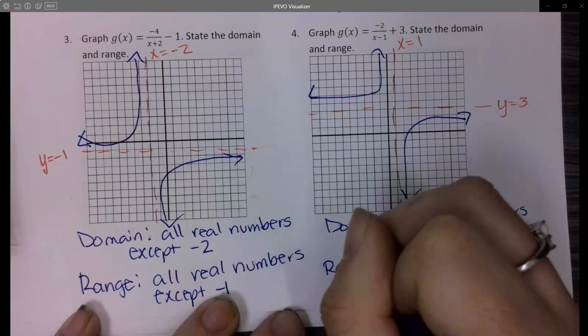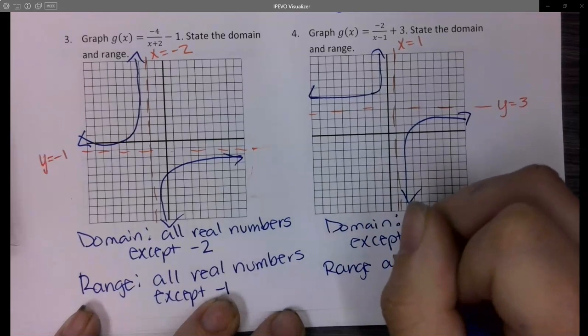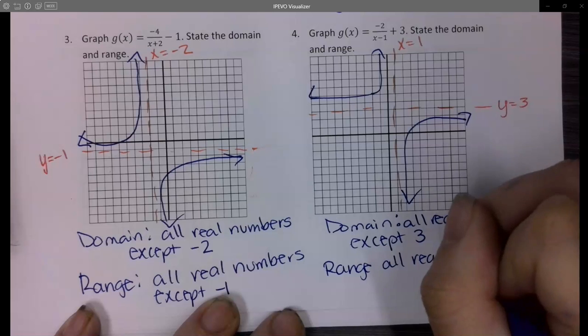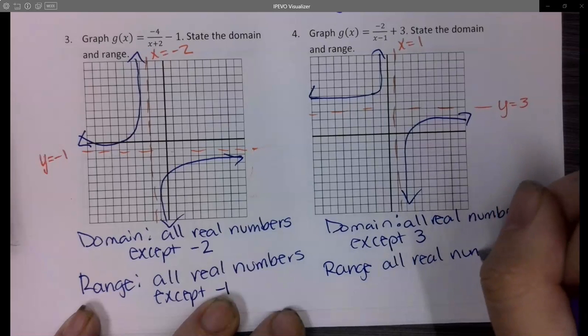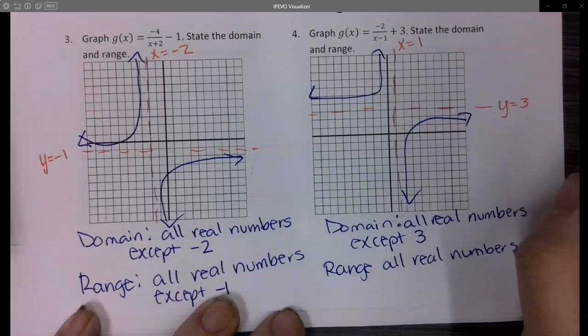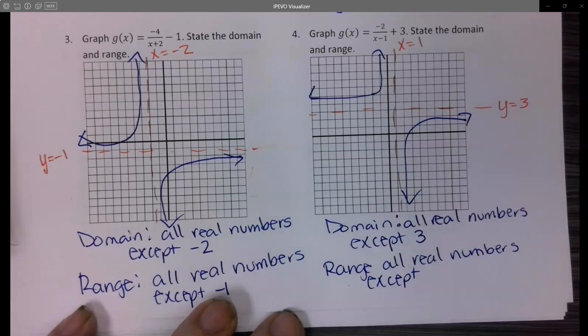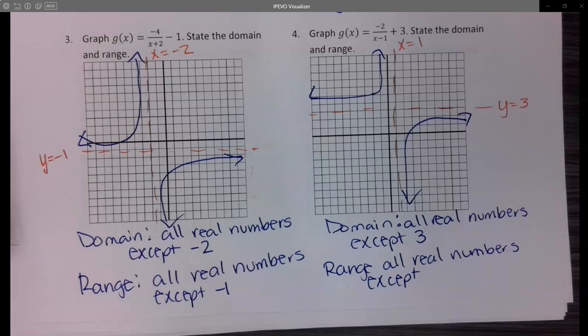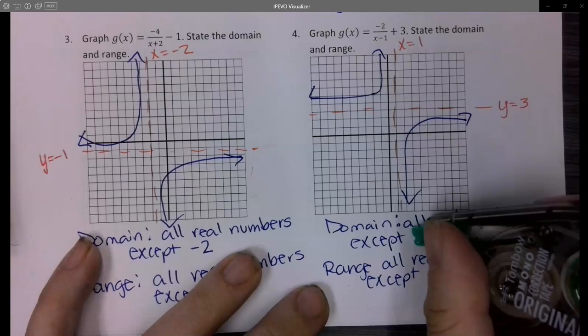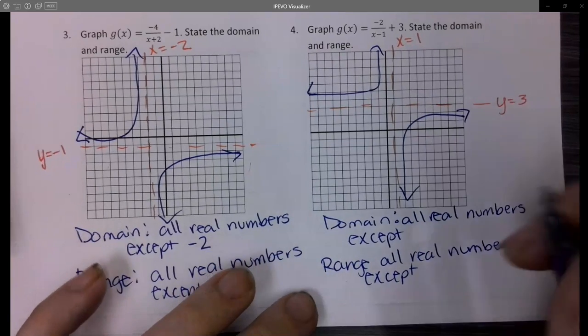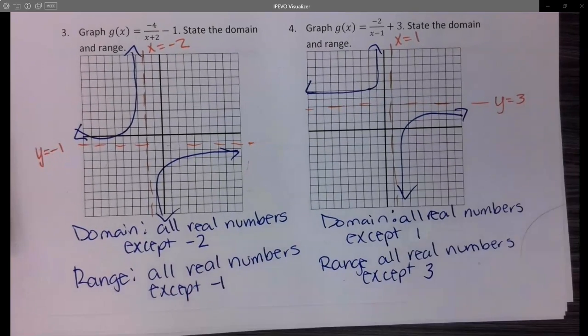And then my range is all real numbers except 1. Wait. No, you were right. I got this wrong. This one was the 1. This one was the 3.